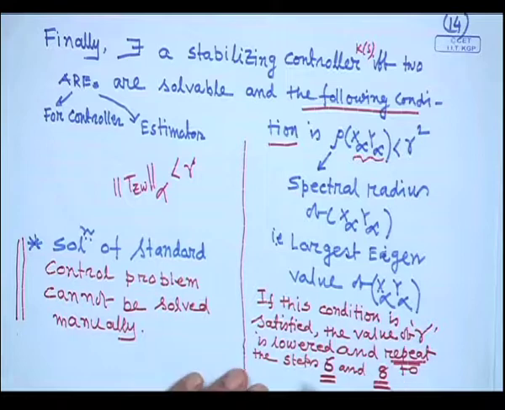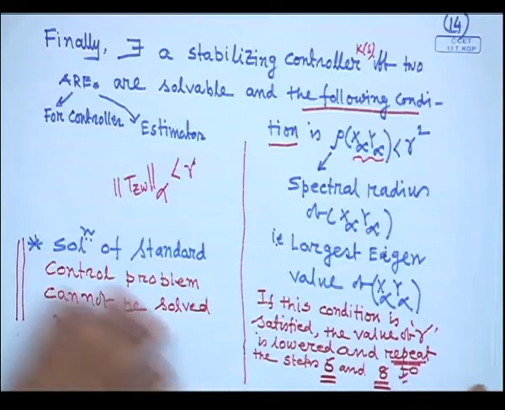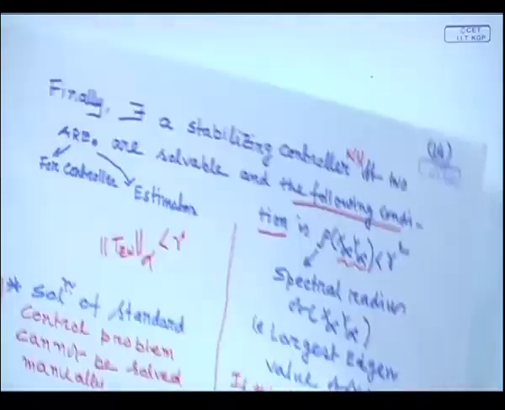This process will continue until you are no longer able to reduce the value of gamma, in the sense that when you have solved the two Riccati equations, the spectral norm of the product of the two Riccati solutions should be less than gamma squared. If you get it, then you reduce further.